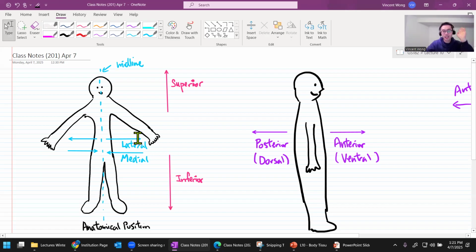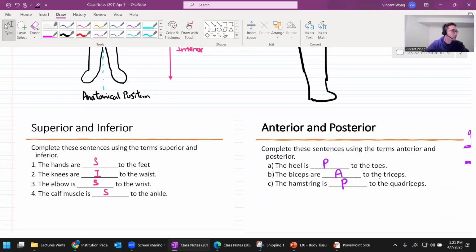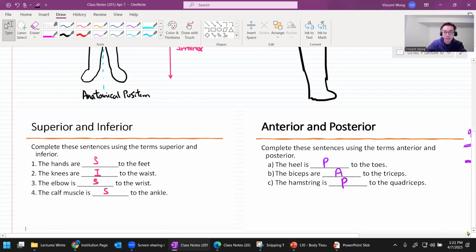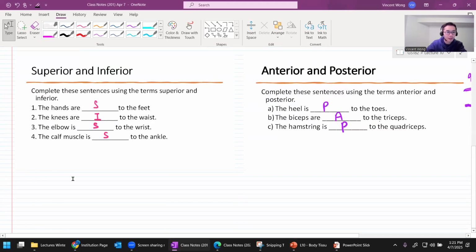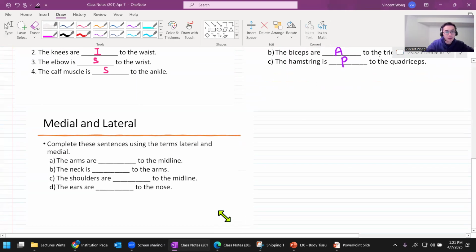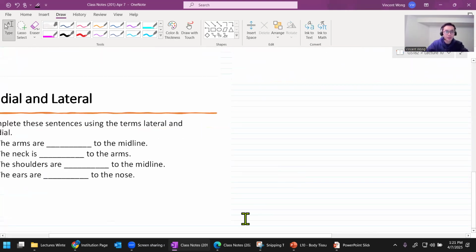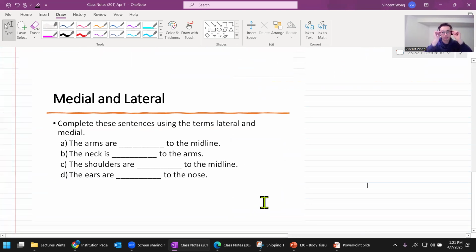There you go. Tons of stuff in the midline. Your airway, if you want to go inside. The esophagus, for example. Again, nothing crazy, just basic stuff. Don't worry about the esophagus. If you don't know what that is, you'll learn it next semester. Okay, here we go. Medial and lateral. Go, go, go.